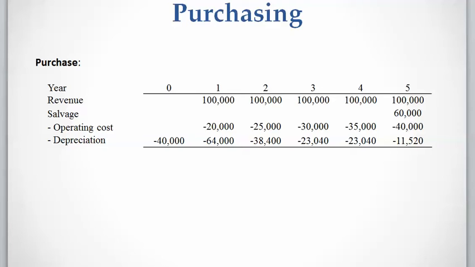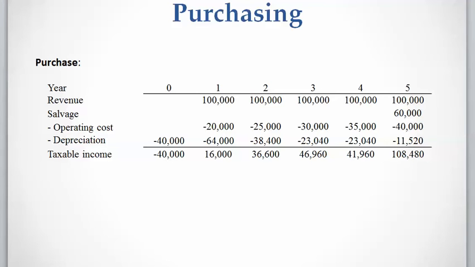And then depreciation, we use half-year MACRS for 5 years of depreciation. We extract the rates and we multiply them by the value of the asset, which was $200,000, the capital cost required to buy the asset.